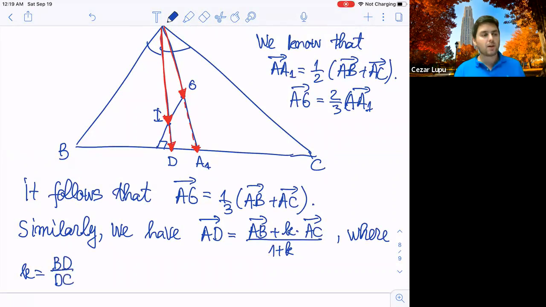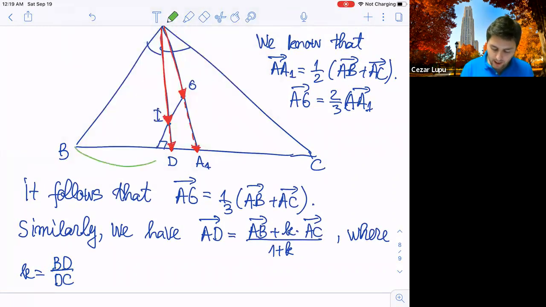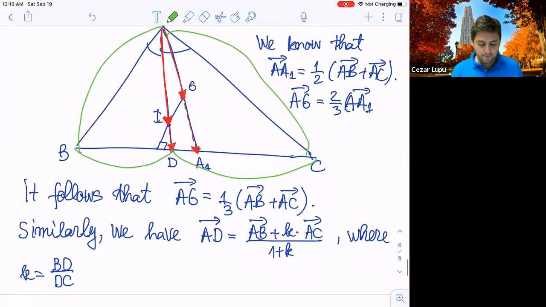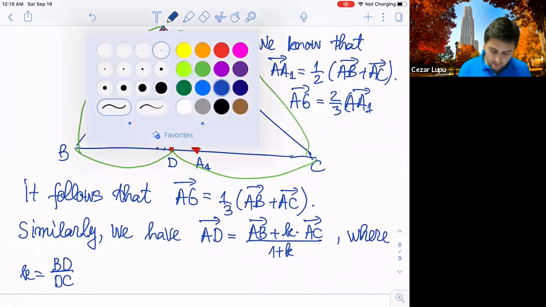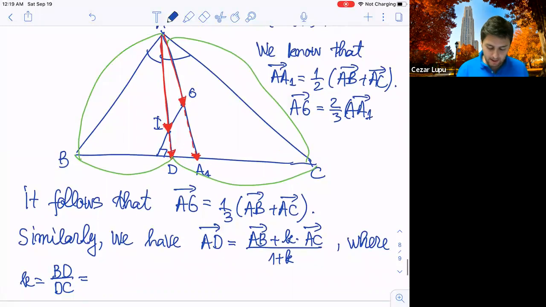All right, but you can apply the bisector theorem here. Look, this guy over this guy is the same as this guy over this guy. So BD over DC is nothing else than just AB over AC.